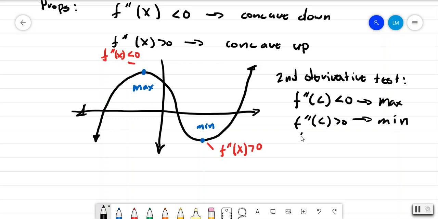Unfortunately, if it's equal to 0, it's inconclusive. What we mean by inconclusive is that it can either be an inflection point or it's really just nothing at all. But usually it turns out that it's an inflection point.